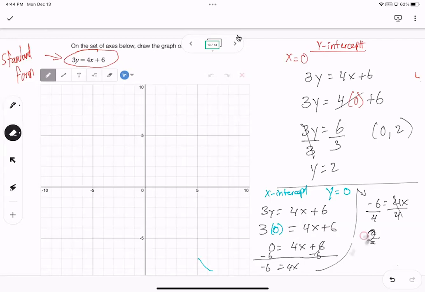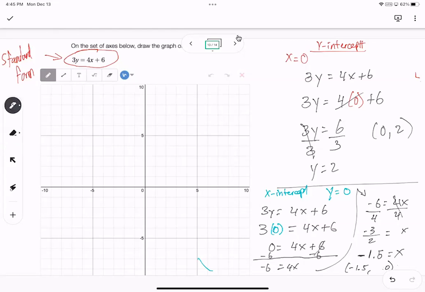Or if you just want to divide, you can divide -6 divided by 4 and you get -1.5 equals x. So our coordinate for the x-intercept is, our x is -1.5, our y is equal to 0. So we write it as -1.5, 0, and we plot these.